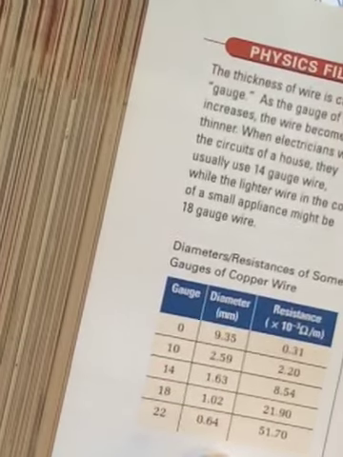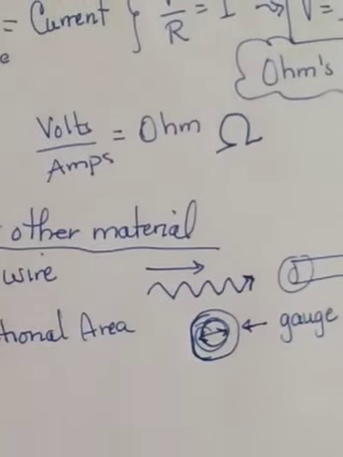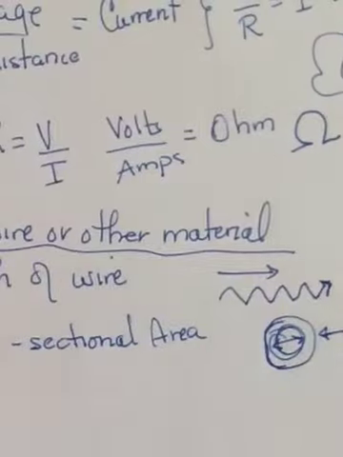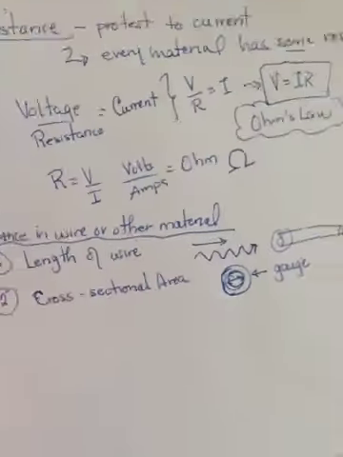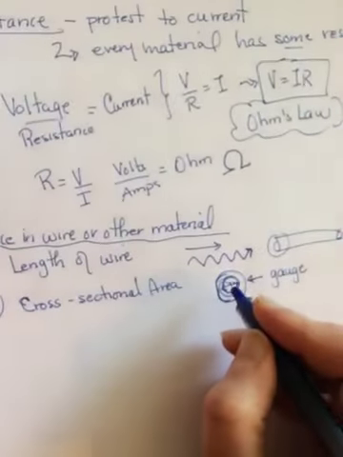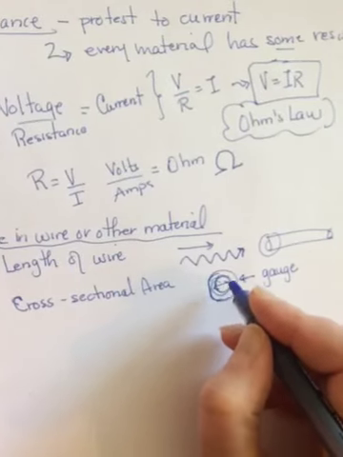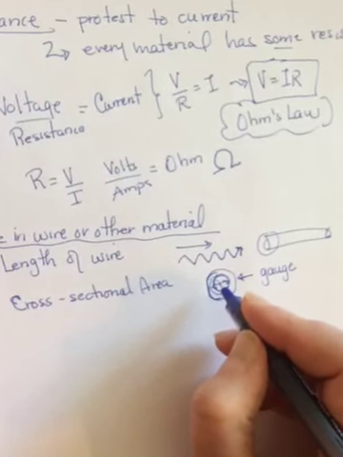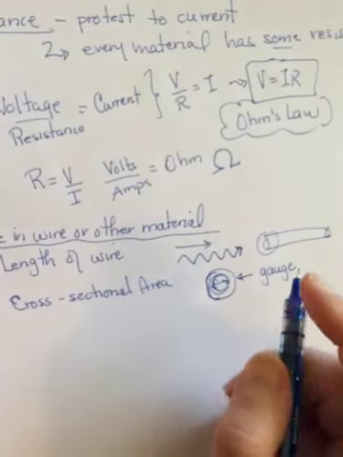So as the gauge of the wire goes up, the diameter goes down. Okay? And from the diameter you could get the cross-sectional area. If you think about the current flowing as if it were water flowing through a pipe, then the narrower the gauge, the narrower the diameter, the narrower the wire, the more the water is going to rub against the sides.